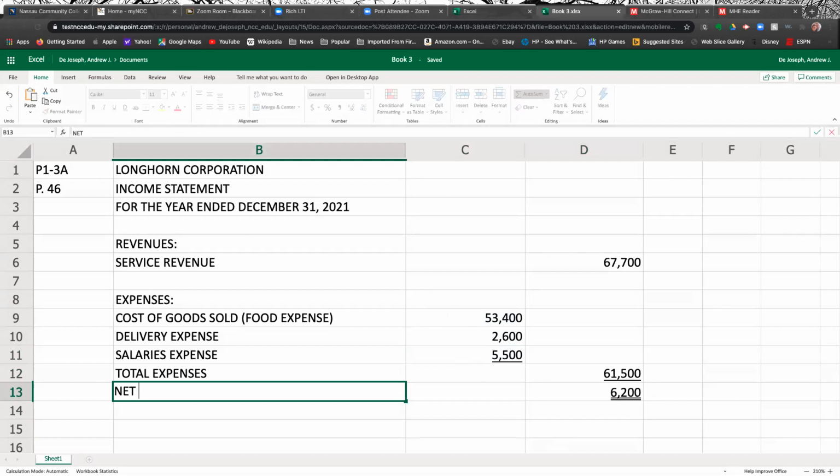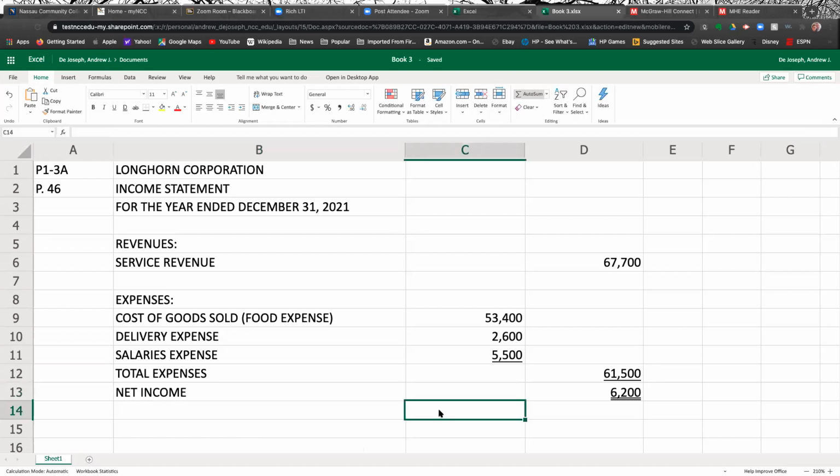And that's going to be called net income. So for the year ended December 31st, 2021, this company had a profit or net income of $6,200. So there's your income statement.